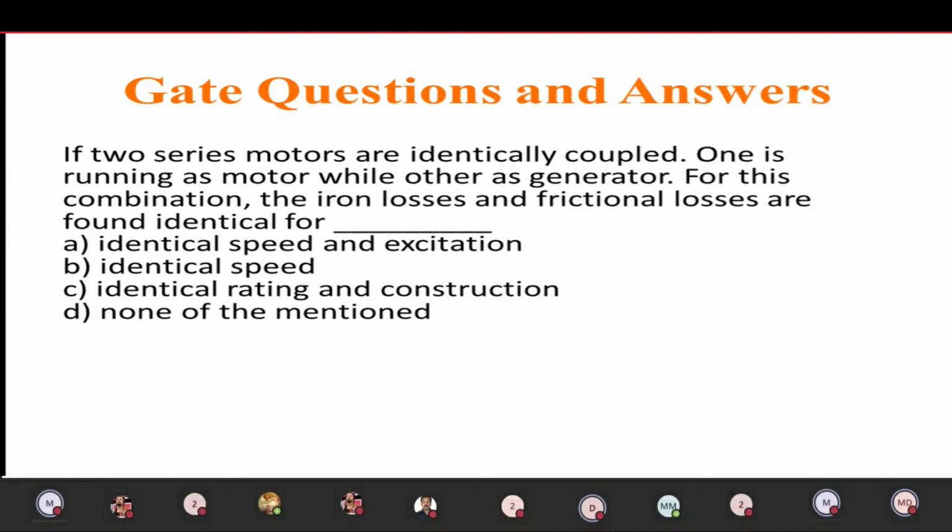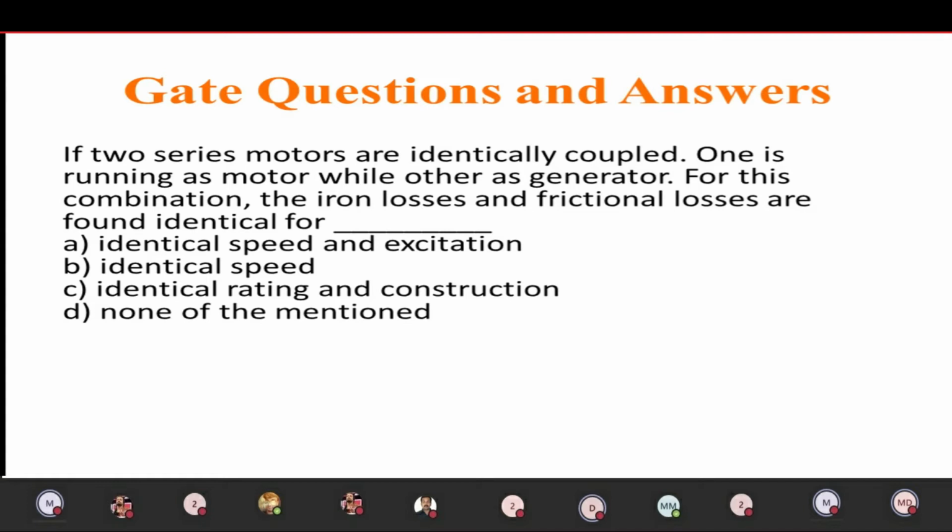We have four different answers: identical speed and excitation, identical speed, identical rating and construction, none of the mentioned.